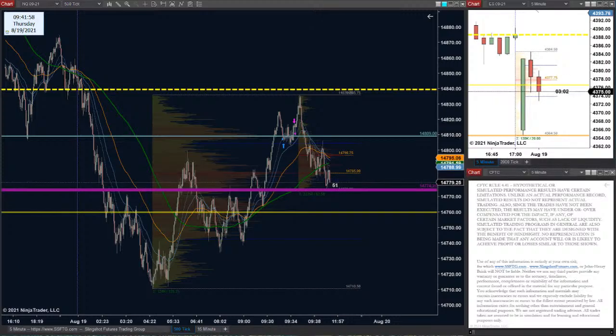Not breaking down, not breaking up, although we are back to that purple level. That's not going to help anything. Still just pinging around.